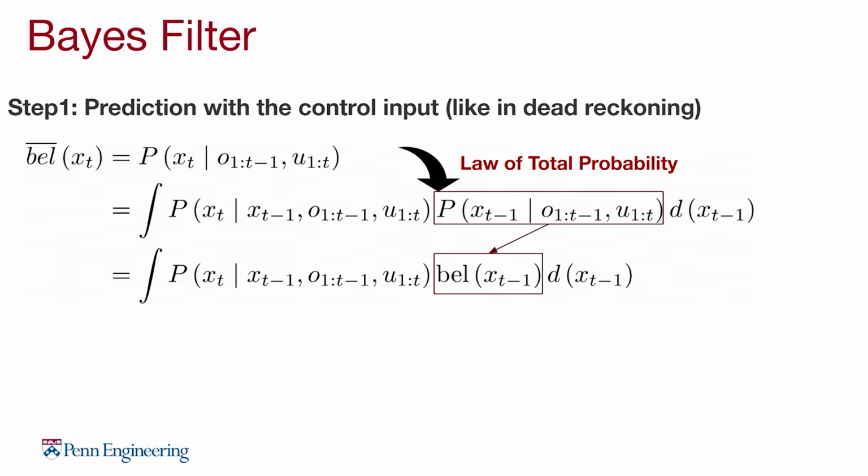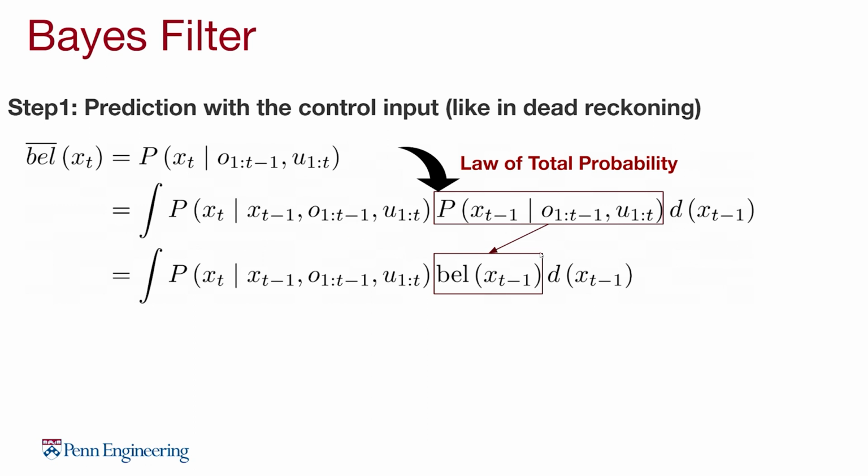So if we sum over all the possible states from timestamp t minus 1, we can apply the law of total probability and use the integration notation for this equation.